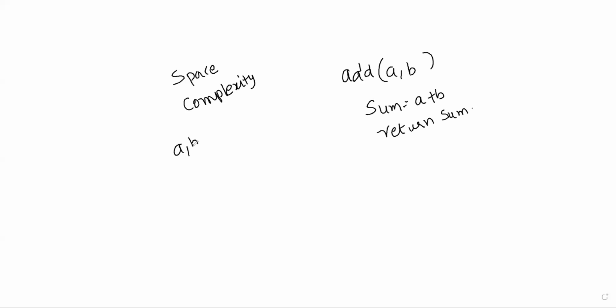So you have a function called add of a comma b. So sum is equal to a plus b. You'll return this sum. Okay. Now tell me, let's assume a and b are integers.